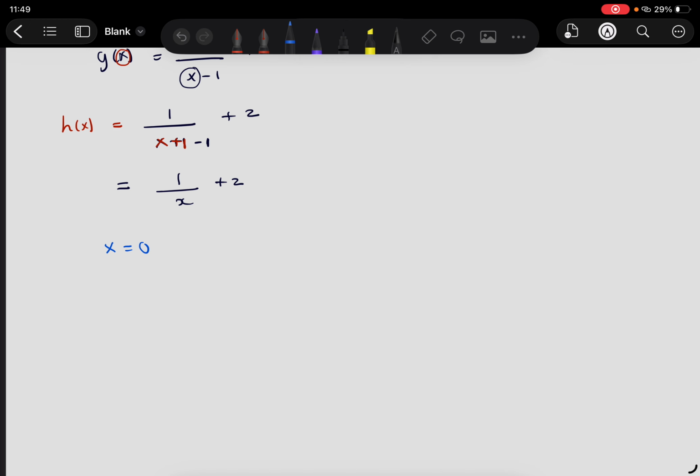X is equals to 0, because this is the same as plus 0. Right, meaning that your p is 0. This is then your new vertical asymptote. But the question asked for the domain. So our domain is all the possible x values. We know this will be x is an element of real numbers, but x should not be 0, because at x is equals to 0, it is our asymptote.